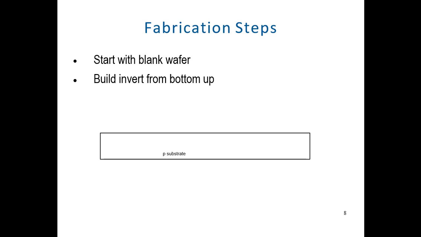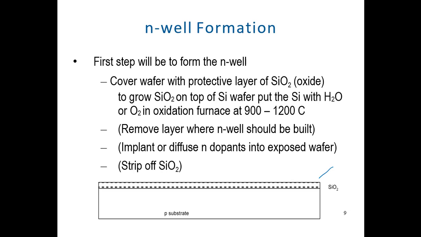in some brief detail. You start with the P substrate, the blank wafer, and build a silicon dioxide layer. You see, you are just like cooking things. They are exposed to very high temperatures for the development of this layer.